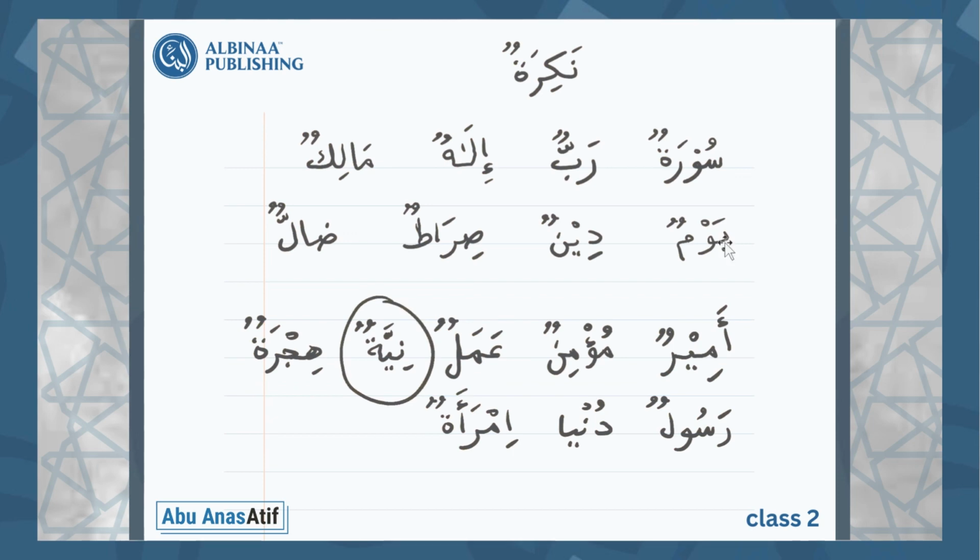Niyatun. Okay, this is a niyya, a niyya. All right. Hijratun. And of course, hijrah is translated as migration. So this is a migration, right? A hijrah. Okay. We have rasulun.